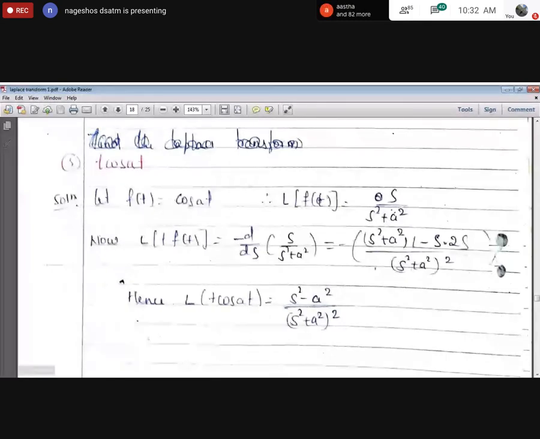t cos at. This is the second property problem. Using the second property, we need to solve this.